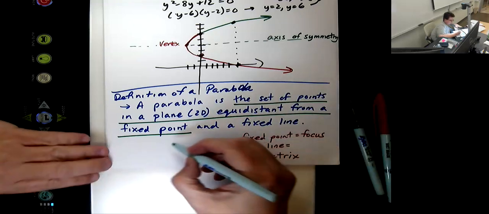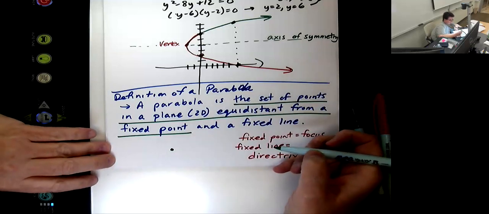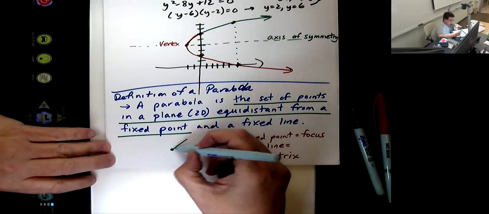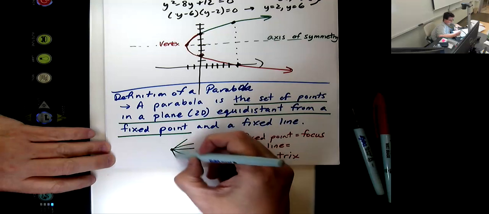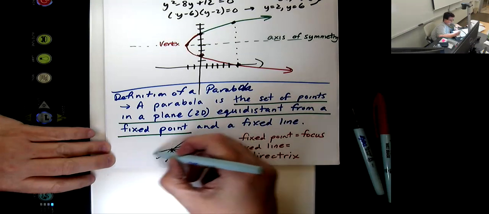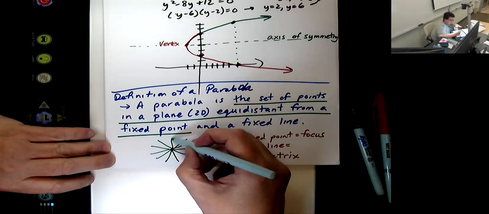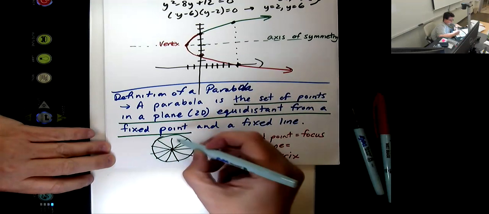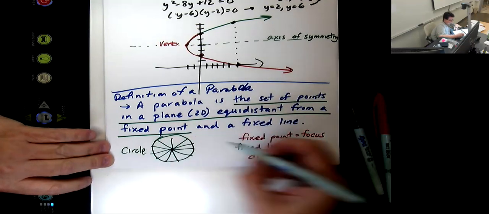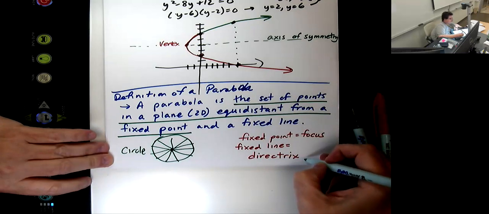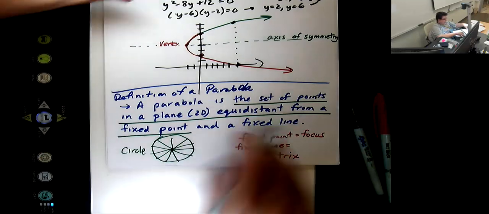So you've got a fixed point, and you go out the same distance. Circle. The addition of the line changes it to something different. So what does that look like?